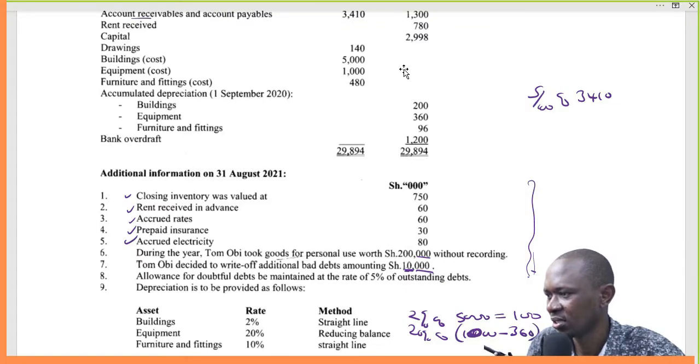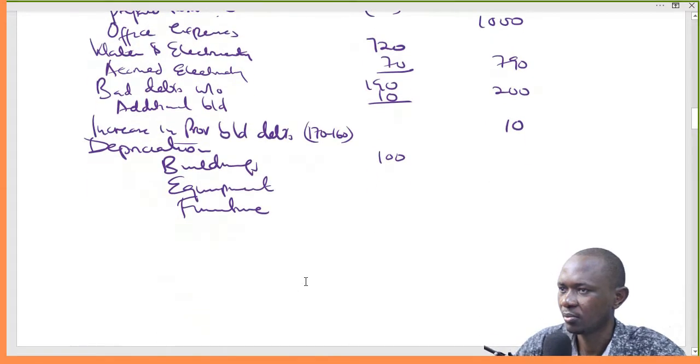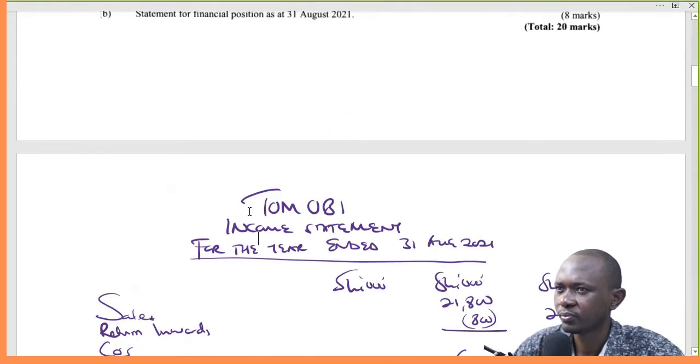So this will give you 20% of 640, and that gives you 128. So we'll simply come back here under equipment and have 128 like that.